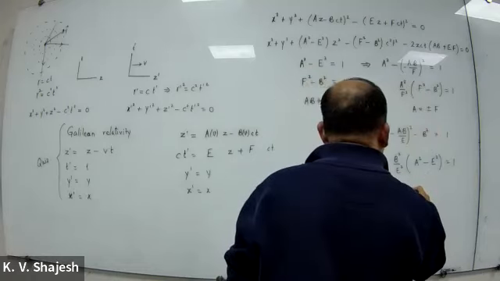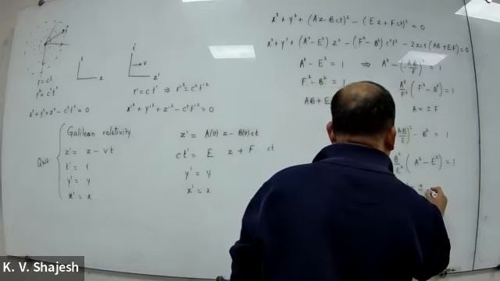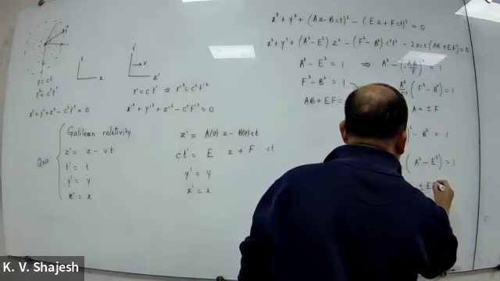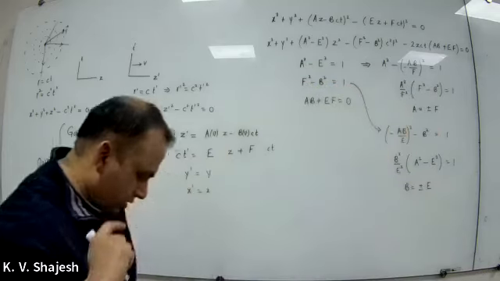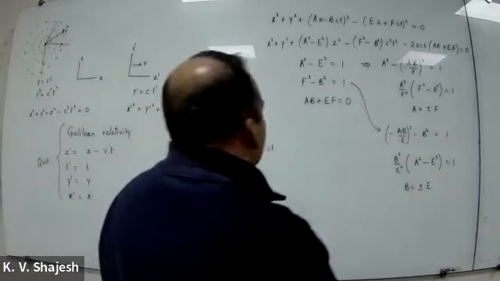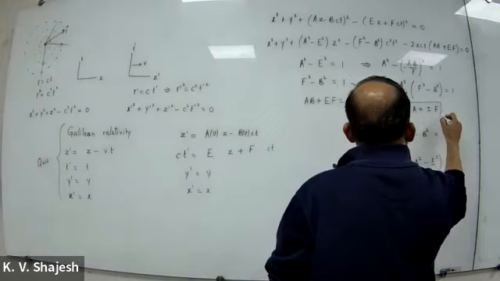So that says that B is equal to plus or minus B, or B square is equal to B square.